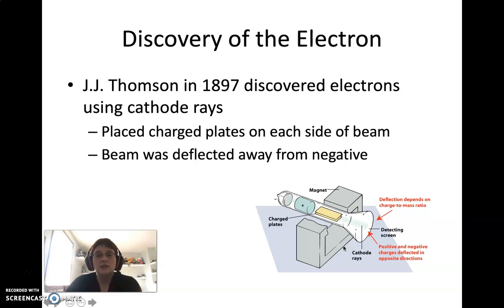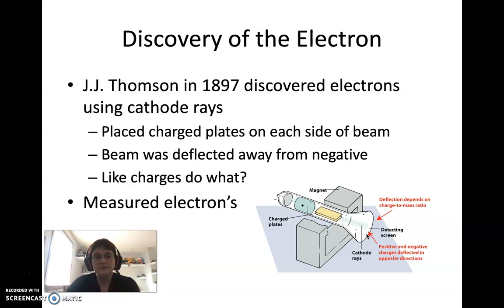This told him that these particles, or this cathode ray, were negative, because what do like charges do? Like charges repel. So he discovered that these particles being created from that voltage were negatively charged.